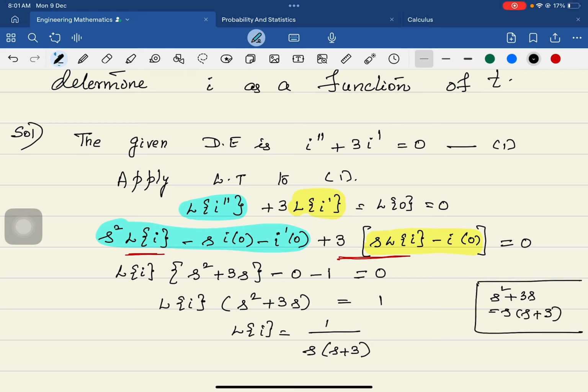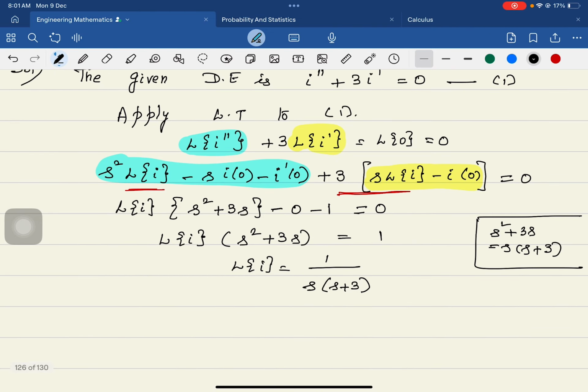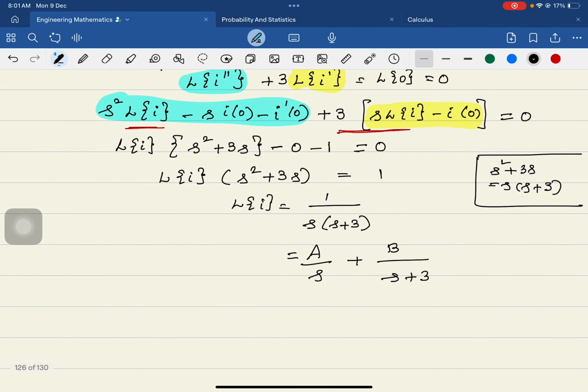Clear? Now we have to split this into partial fractions. How can we split this as partial fractions? A by S plus B over S plus 3. So 1 over S into S plus 3 can be split by partial fractions.